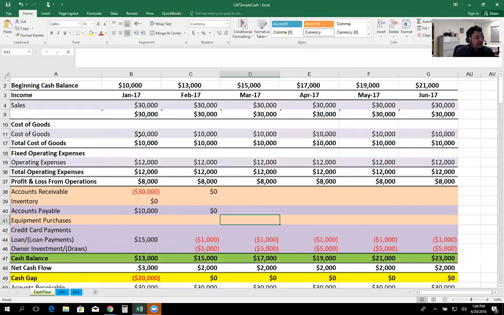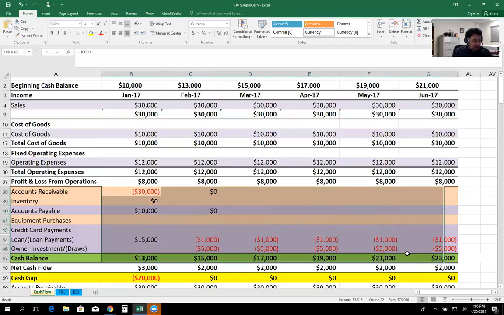I'm going to have $10,000 cost of goods, so that's for my ingredients, my flour, my sesame seeds, my cream cheese, the sodas in my soda case. That's going to cost me $10,000. And I'm going to have operating expenses of $12,000 a month. So that's for my staffing, my advertising, my insurance, and things like that. That does not include money for myself.